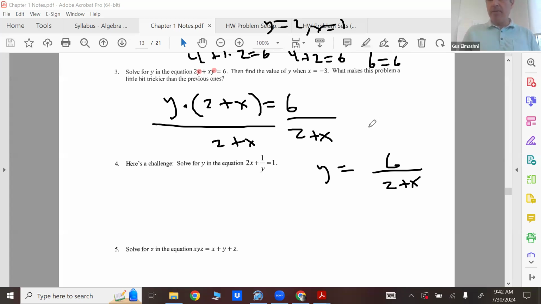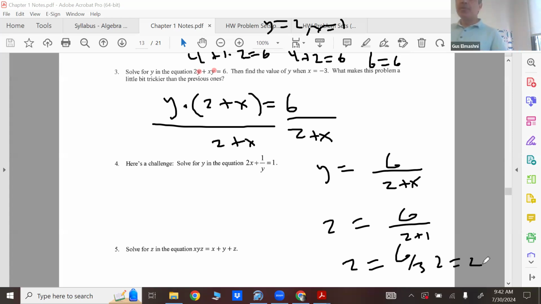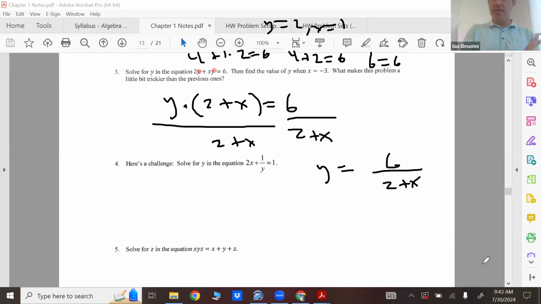It works here as well, right? 2 equals 6 over 2 plus 1. That's totally valid. 2 does equal 6 over 3. 2 equals 2. We're good. So I know it makes sense because I respected the rules of algebra and the order of operations. I didn't disobey anything mathematically. Everything was done validly, so we have validity to all this.